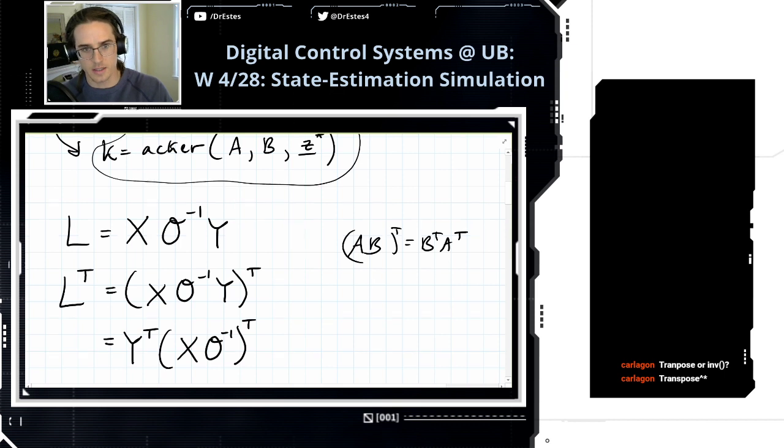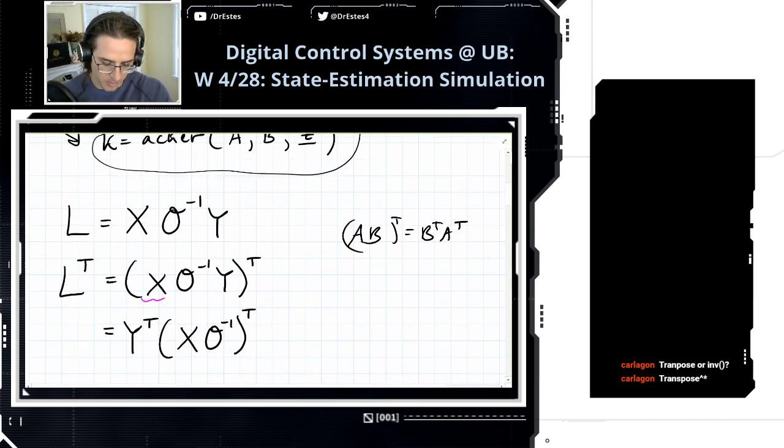So I'm basically using that property here, but I'm calling this A and I'm calling that product of two matrices B. And then I'm just using this property and that's how it turns out.